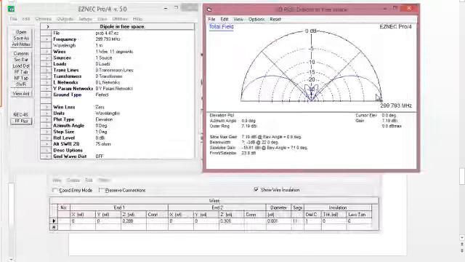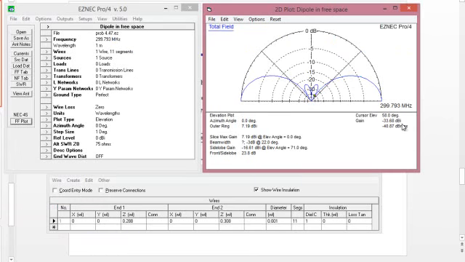And to demonstrate this, we're going to have a null, so we're going to ignore the null that's created at the vertical point, and we're going to take the null right here.